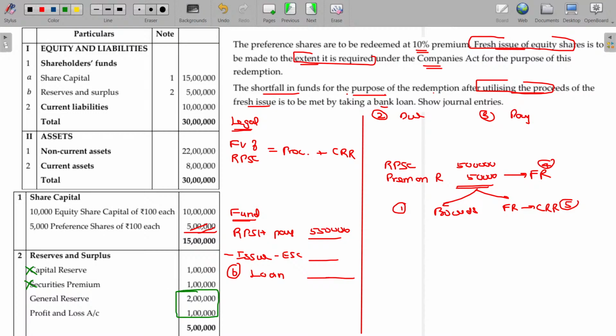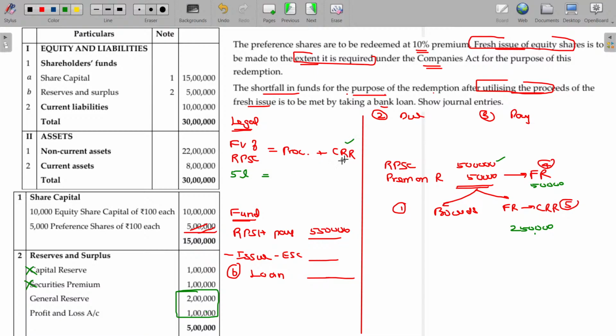Out of the 2 lakhs plus 1 lakh, 3 lakhs we have, you have to use 50,000 rupees to write off the premium on redemption. As we use 50,000 rupees for that, we are left with only 2.5 lakhs. That 2.5 lakhs can be transferred from these two free resources to CRR. What is the face value of the redeemable preference share capital? 5 lakhs.